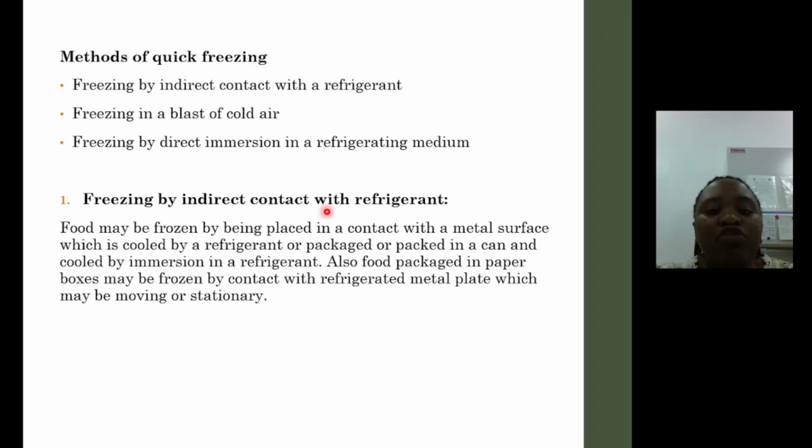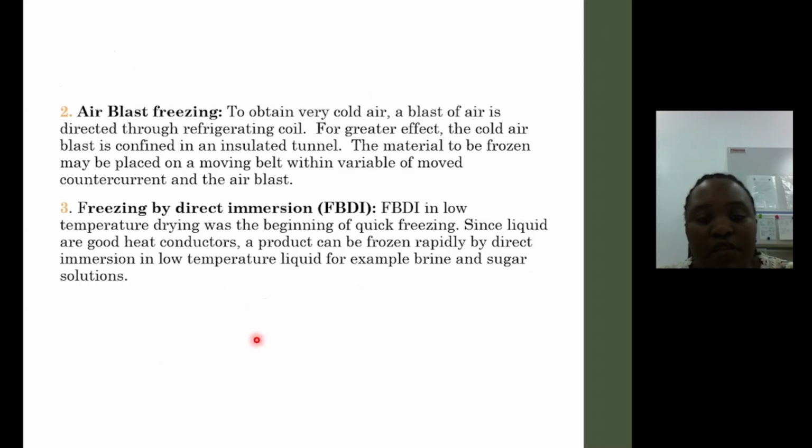For freezing by direct contact with the refrigerant, food may be frozen by being placed in contact with a metal surface which is cooled by a refrigerant, or packaged in a can or cooled by immersion in a refrigerant. Also, food packaged in paper boxes may be frozen by contact with a refrigerated metal plate, which may be moving or even stationary.